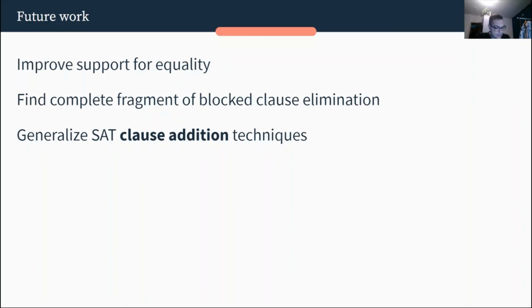And what they also do in SAT is they not only have SAT elimination techniques but also some SAT addition techniques, and we want to look into how we can use this together with superposition. Thank you.